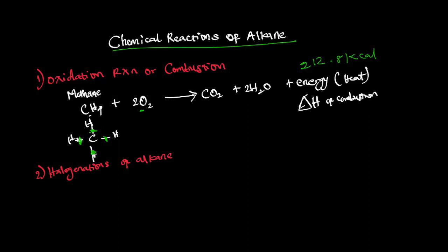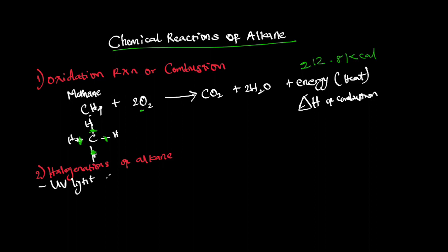The name says it all: when we are trying to convert a generic alkane to acquiring a halogen, it might be chlorine, it might be bromine, or whatever. But this kind of reaction takes place under the influence of ultraviolet light.